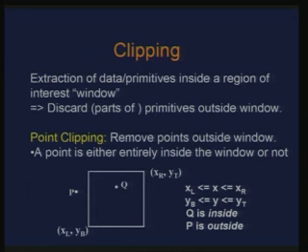For simplicity, if I consider a rectangular window, then this question can easily be answered by just looking at the coordinates of the point and the extent of the window. Here P is the point which is outside the window, and Q is the point which is inside the window, right. So, a simple comparison gives us that result.